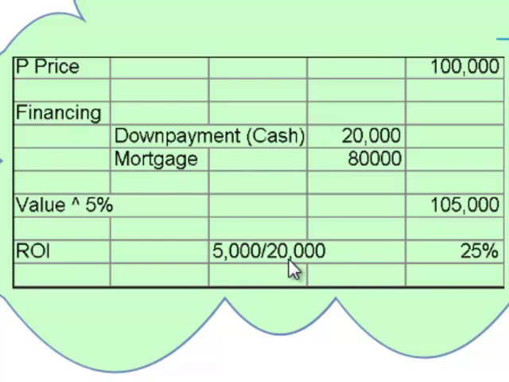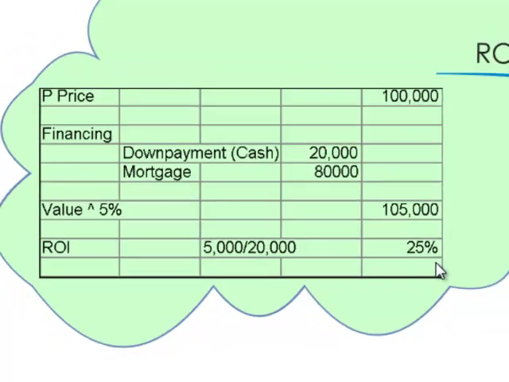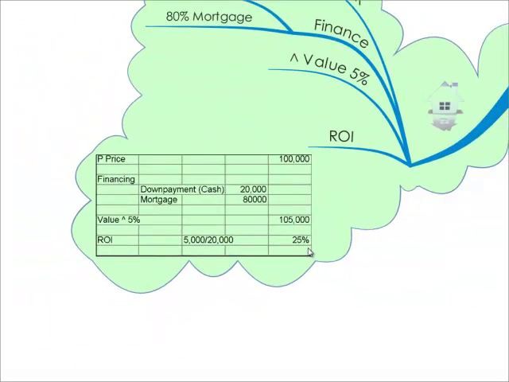So return on investment, given that we keep all of the increase in value and the bank doesn't, is effectively 5,000 divided by our initial investment of 20,000, which is actually 25%. So essentially, by introducing leverage into the deal, we've taken our return and increased it by a factor of 5 times, a 500% increase.